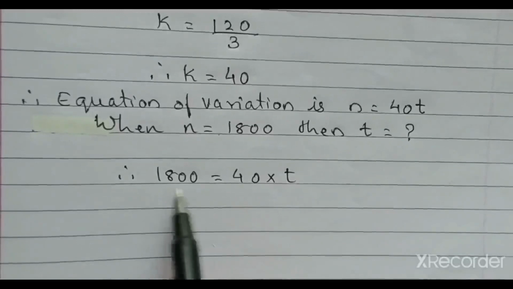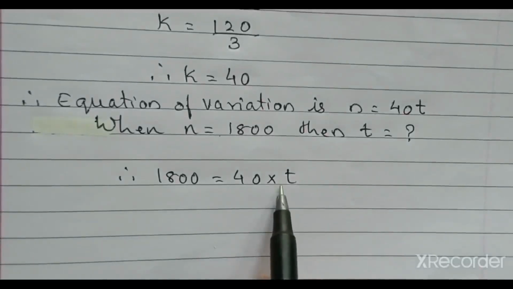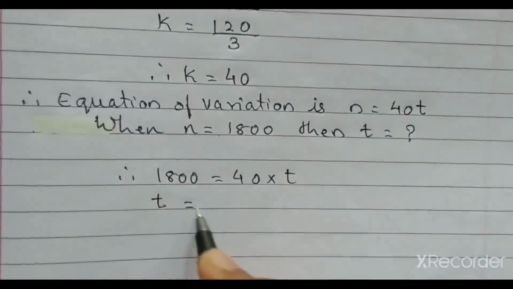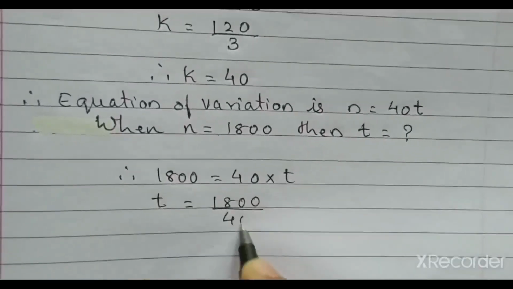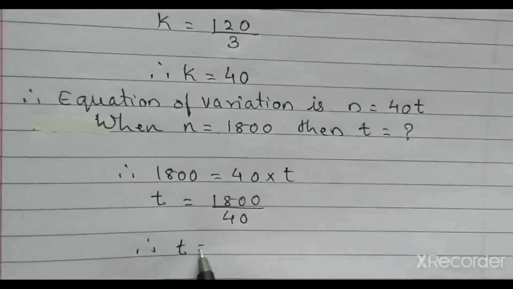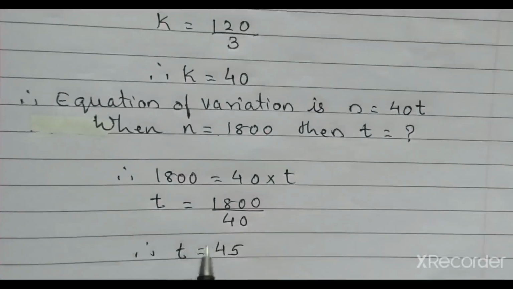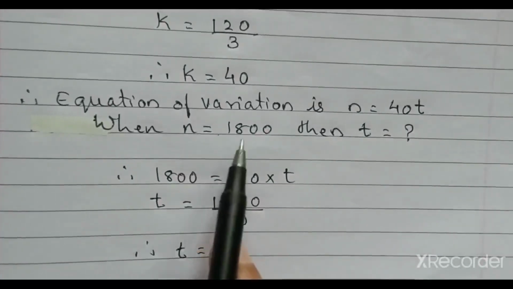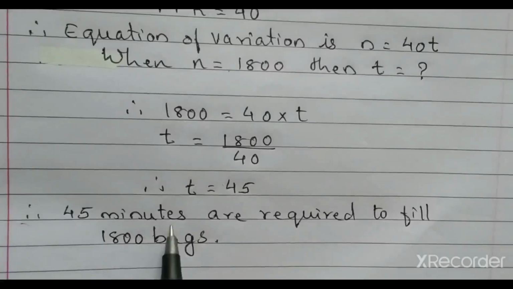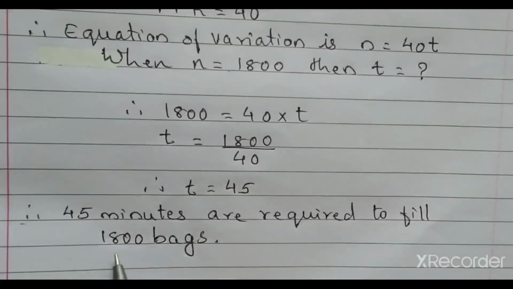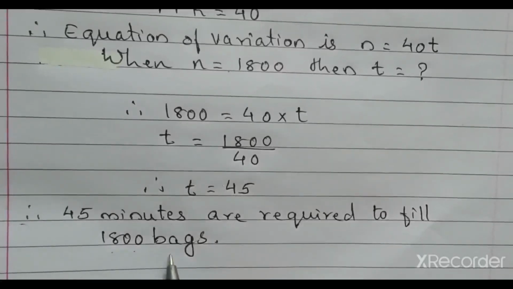So you get 1800 is equal to 40 multiplied by t. Therefore t is equal to 1800 divided by 40. Therefore t is equal to 45. That means 45 minutes are required to fill 1800 bags.